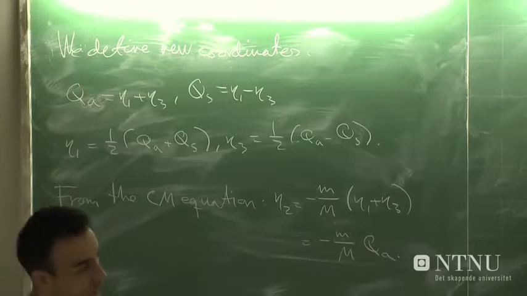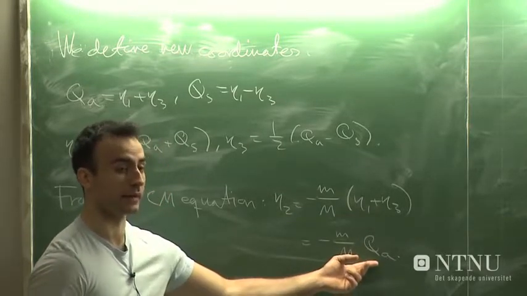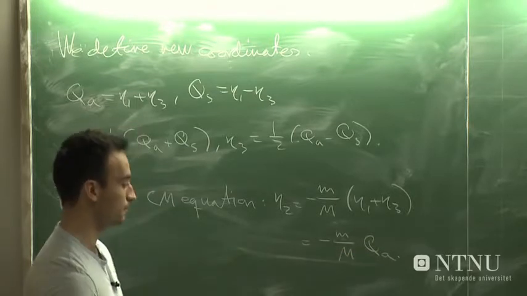And eta 2 can be isolated from the center of mass equation in the following way, and hence expressed with QA in terms of our new coordinates.